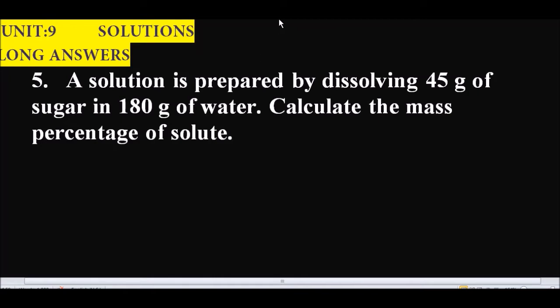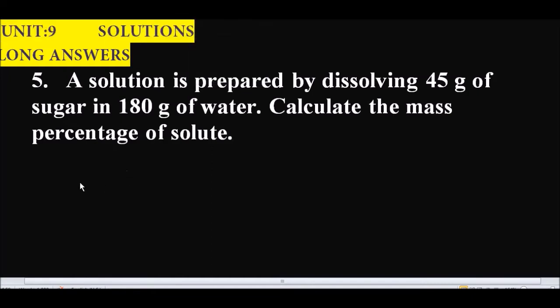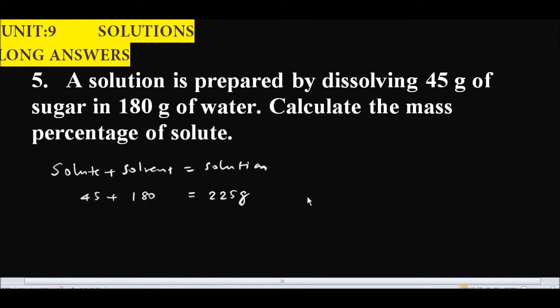How to calculate? Either by using the formula or with the help of the following statement. We know that solute plus solvent is equal to solution. Here the amount of solute is 45 gram and the amount of solvent is 180, so that we have a total of 225 gram of solution.